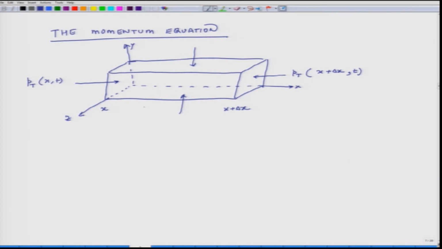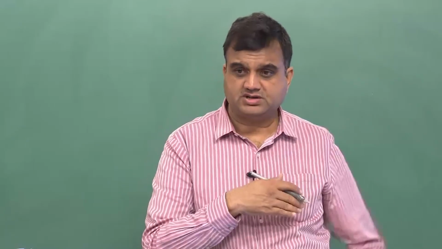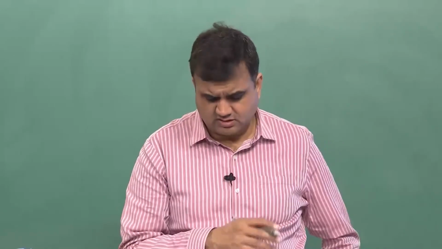Similarly, there are forces acting on this face and this face, but because the flow is one dimensional, the change in forces on these two opposite surfaces in the z direction and y direction is 0. So, we are not worried about how forces and pressures change in y and z direction, because they balance out each other. There is no motion in the y and z direction, so the only changes which exist in this system are in the x direction.